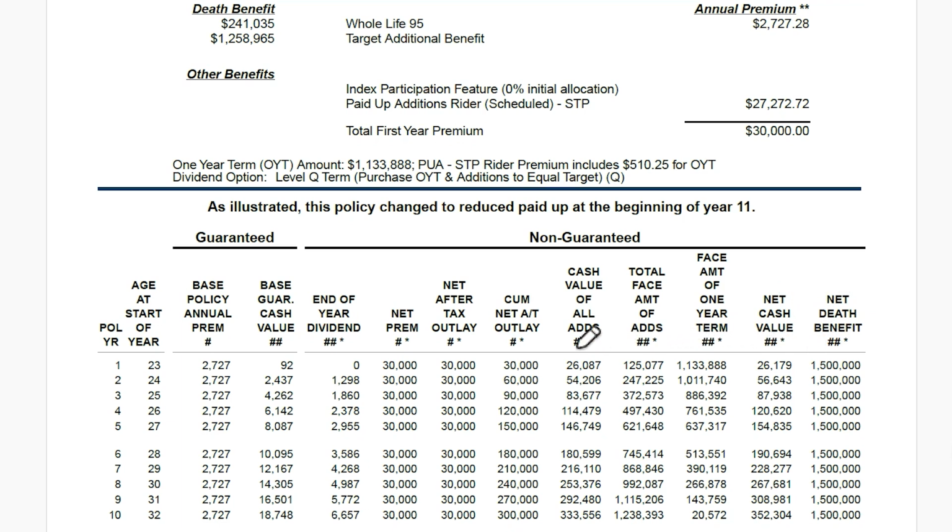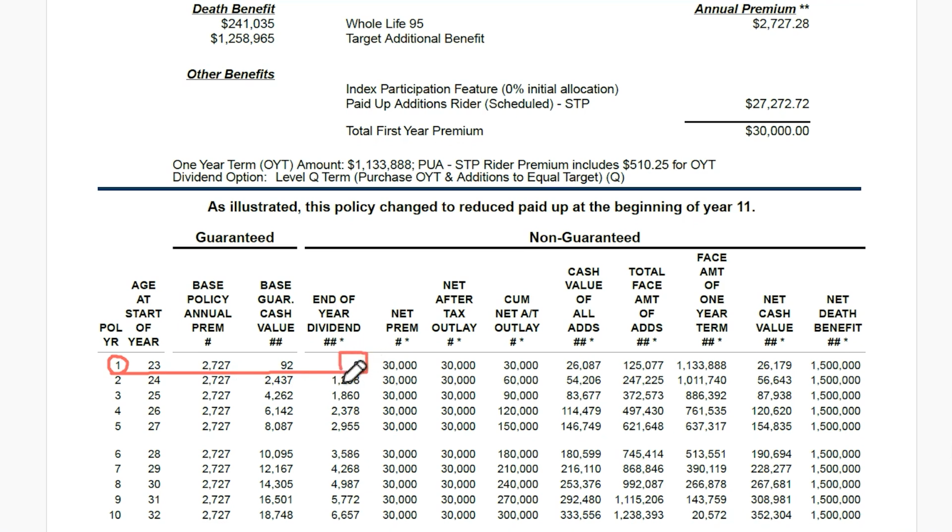Now, his question was around this column, the dividend column. Specifically, why am I seeing zero for a dividend in 2024? He started his policy in 2023. Regardless of the year of when you start, when we look at the dividend column, what do we see here?